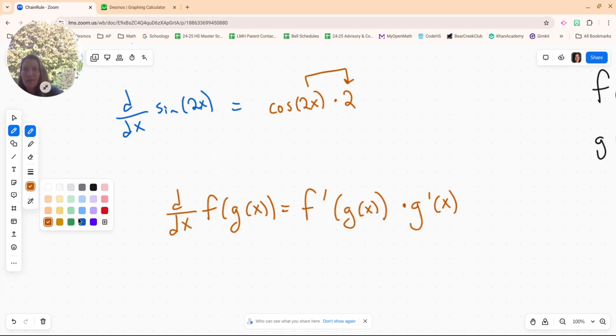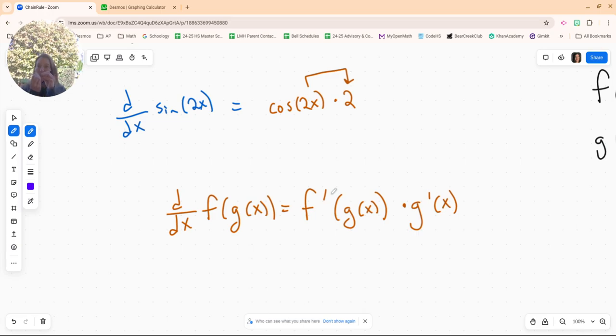We could think of this like a chemistry-style unit conversion, if we wanted to. f prime of g of x is going to give us the rate at which f is changing with respect to its g inputs. So I'd be going like meters per hour or something, okay?